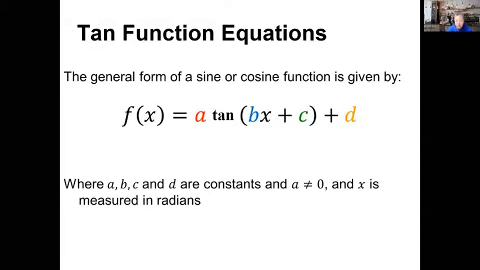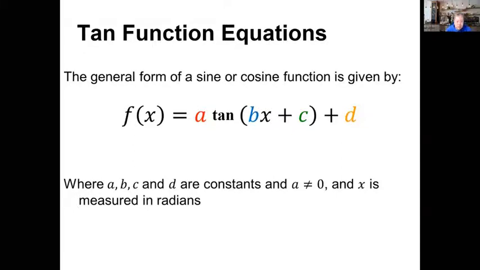Very similar to either sine and cosine, we have the tangent function equation with the a in front of the equation, the b value positioned in front of the input x, the c value that goes together inside the parentheses, and the d value at the end. And how each feature appearing in the equation affects the graph is exactly the same way.